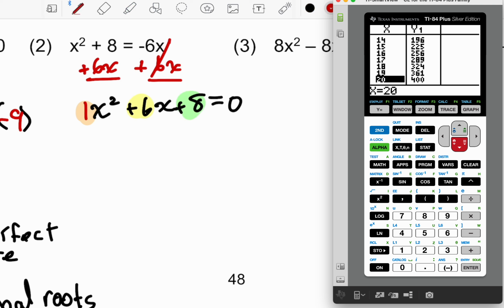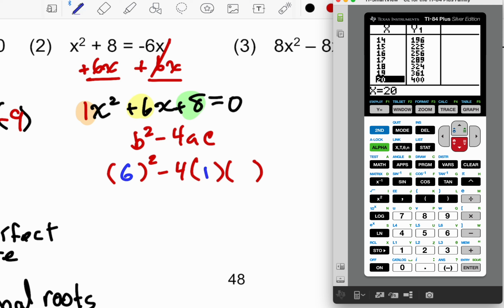All right, so again, all I need is the b squared minus 4ac. It's not the full-blown quadratic formula. So in the one place where there's a b, I would replace it with a 6. The a gets replaced with a 1, and the c gets replaced with an 8.